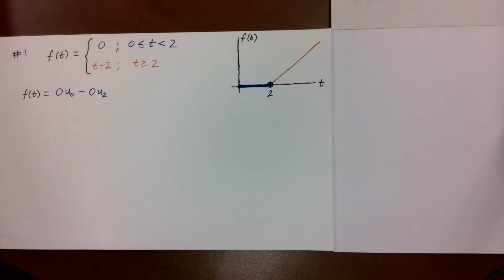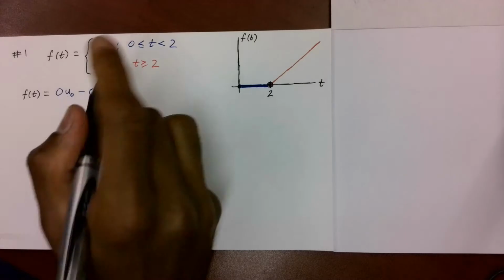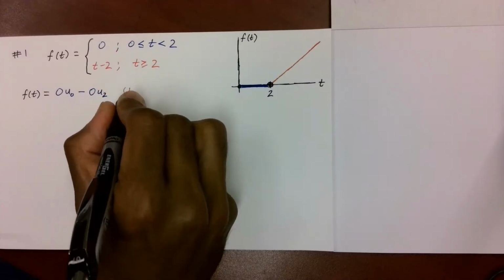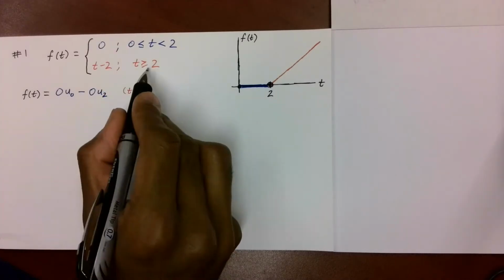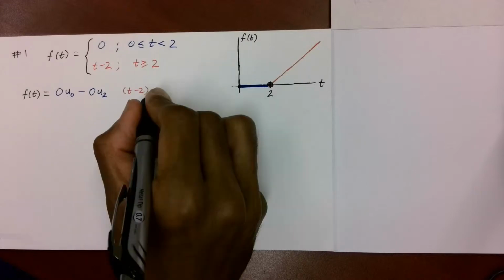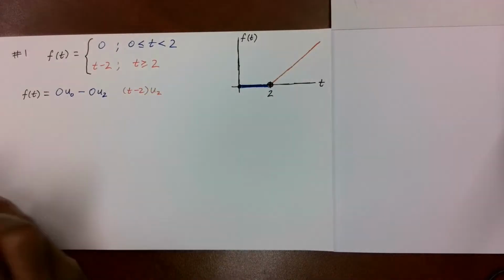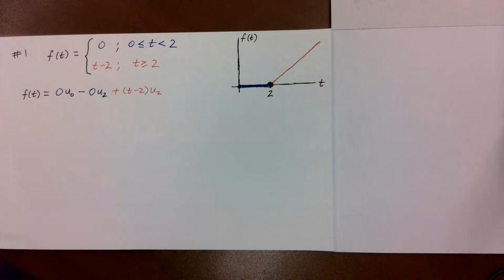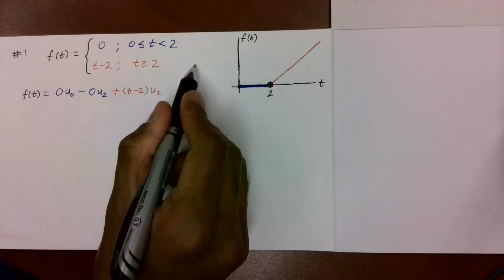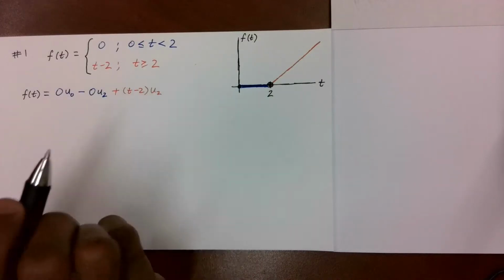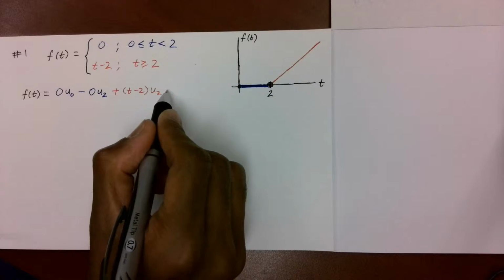And now we will look at t minus 2. So now notice the signal of t minus 2 starts at t equals 2, so I'll attach a u2 to it. It will be positive because that's where it begins, and notice it never ends. And because it never ends, we will not have to subtract anything at all.